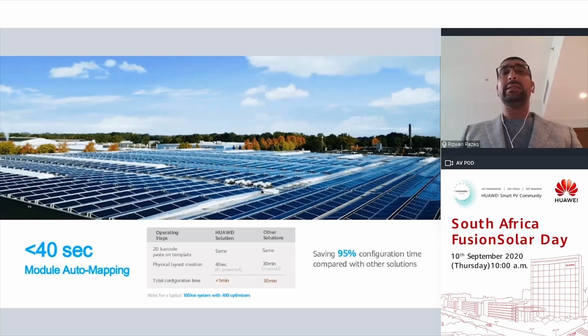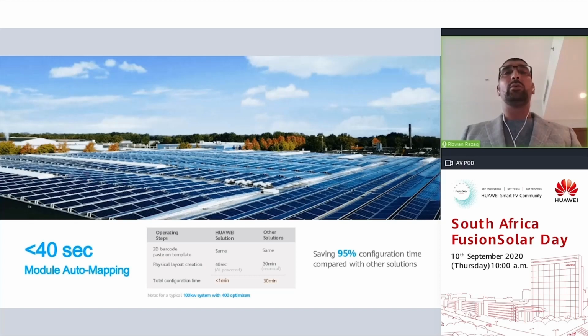In terms of the optimizers themselves, when you are installing multiple solar modules as well as optimizers on the rooftop, the increase in labor and workmanship that is required can be quite extensive. So Huawei has adopted an auto mapping system.